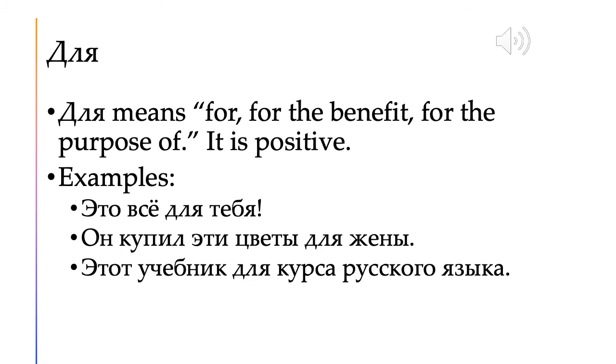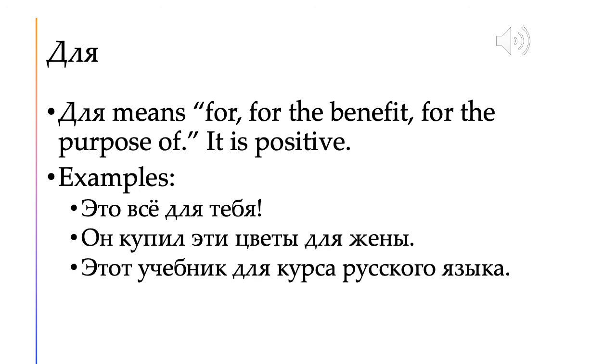And finally, we have the preposition для. Для means for, or for the benefit of, or for the purpose of. And it's kind of the opposite of из-за because it means for something and it's always positive. So we could say, for instance, это всё для тебя. This is all for you. So if we said это всё из-за тебя, that would mean this is all your fault.